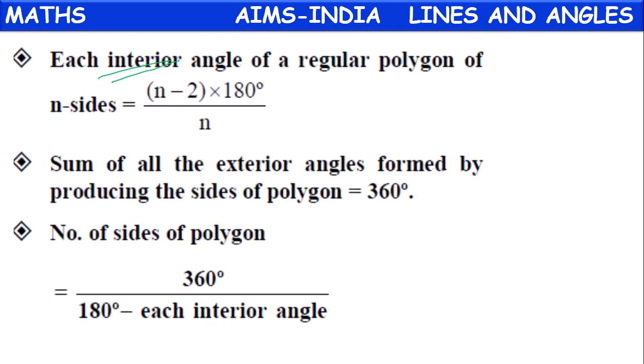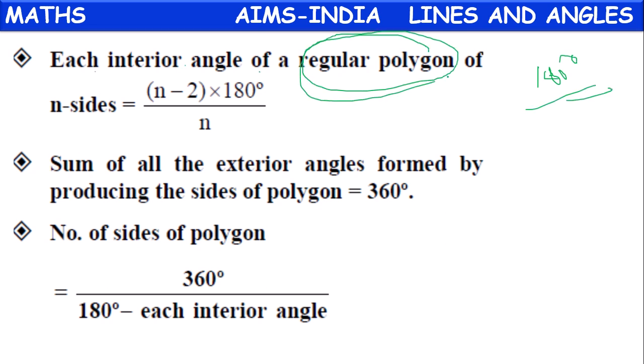So then each angle will be equal to, suppose for a triangle the sum is 180. Each interior angle, they are asking about a regular polygon. Regular polygon means all sides are equal.